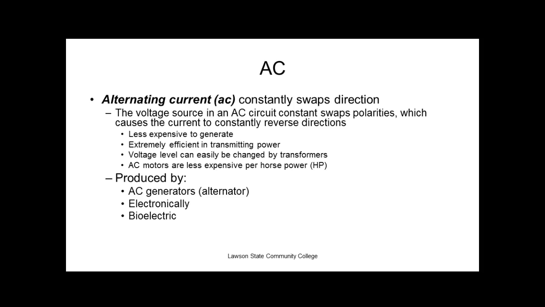AC is also extremely efficient to transmit power. Transmission of power is very, very efficient. When they first came up with the power grid, Edison was a DC person, and they were trying to power up, I can't remember what city it was, but they had to have a power station every, I think, 4 blocks, because DC was very inefficient.